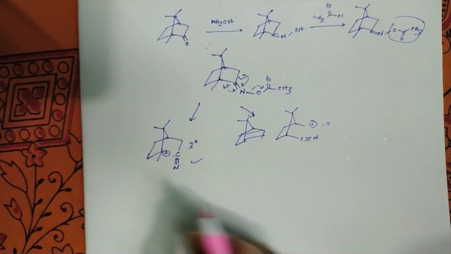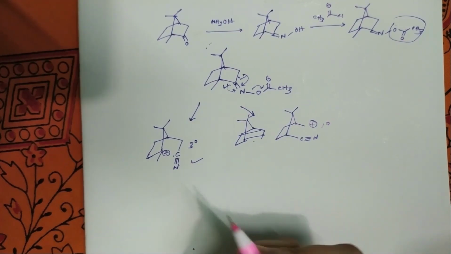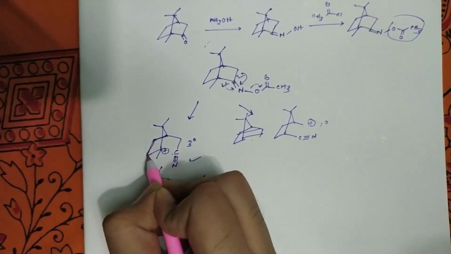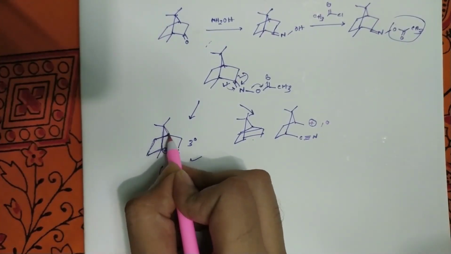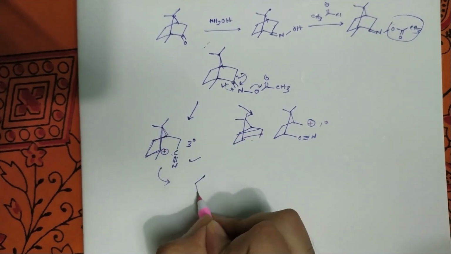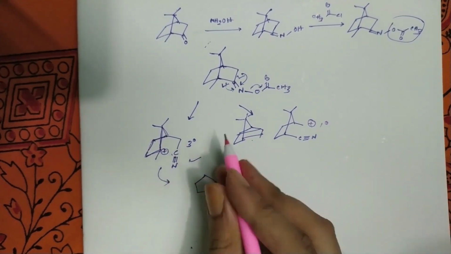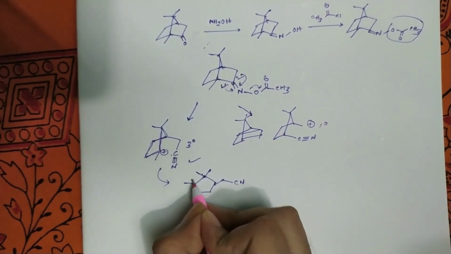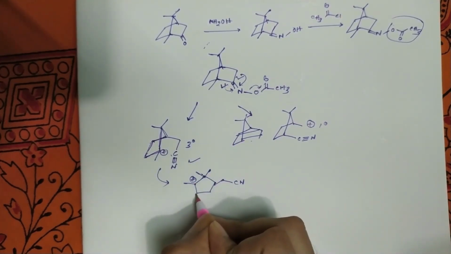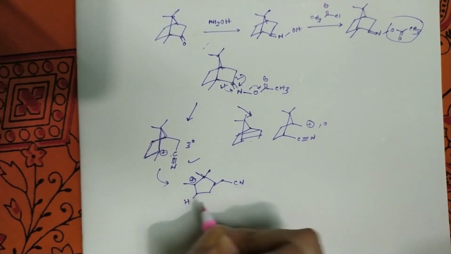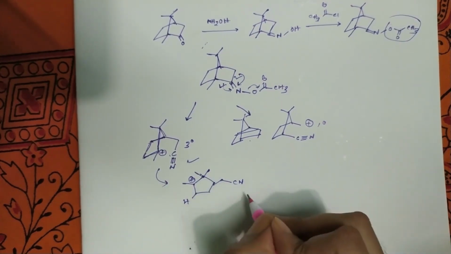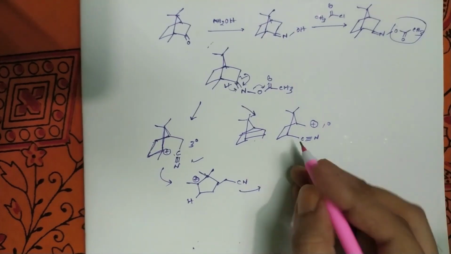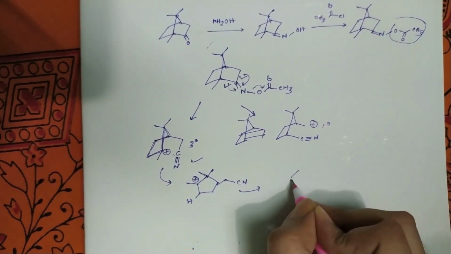So let's redraw this into a simpler form. I am writing the 5-membered ring first, and after that the groups are attached accordingly. So there is a positive charge. We can see that at the other end there is one hydrogen which can eliminate, leading to the formation of an alkene.